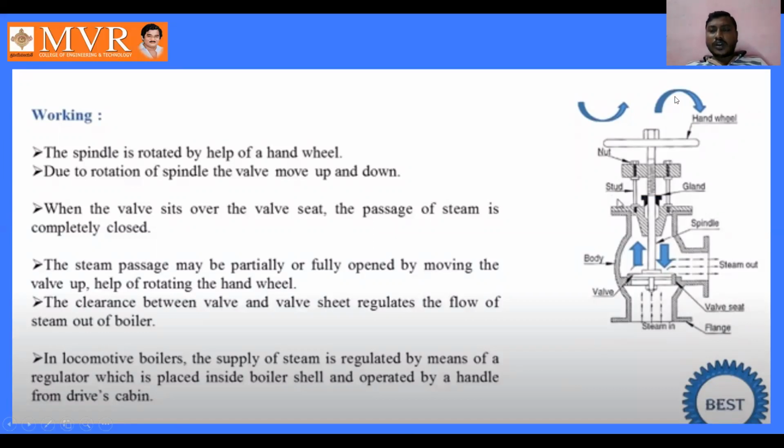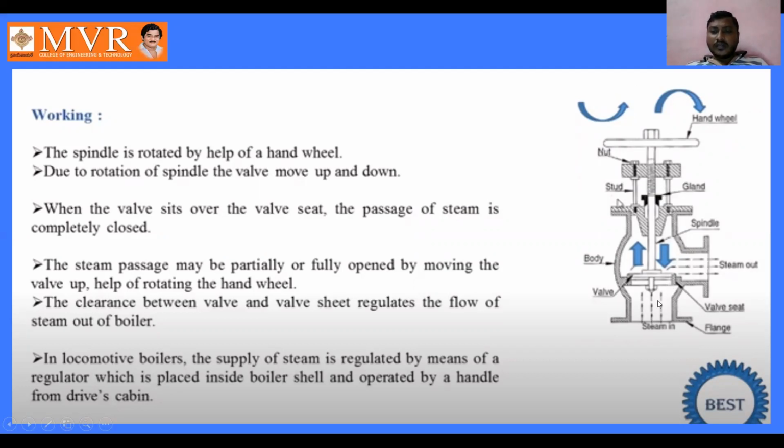When the hand wheel rotates in the anti-clockwise direction, the valve moves upward, and hence the steam enters and moves in this direction.